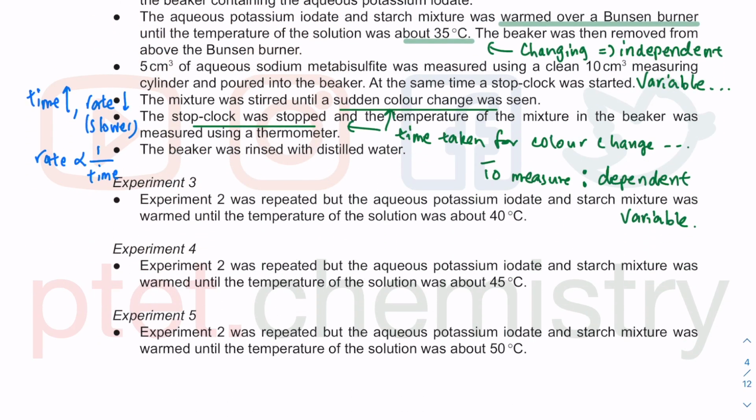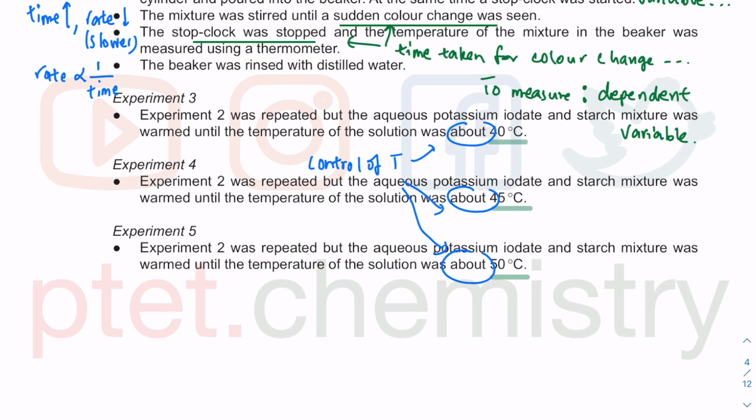Now you repeat the whole experiment, but now you do it at 40 degrees Celsius, you do it at 45 degrees Celsius, you do it at 50 degrees Celsius. The thing is, if you read the question, this is about control of temperature not being precise. It's quite difficult if you're just warming it up with just a Bunsen burner. So something you could have done, in order to have better control of temperature, is to use something called a thermostatic water bath.